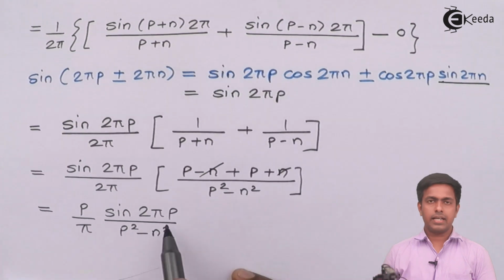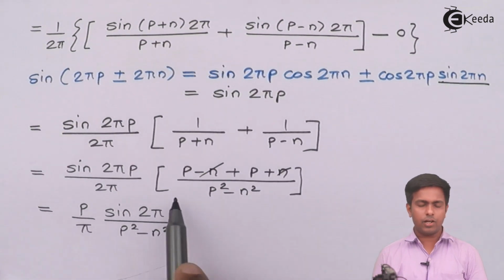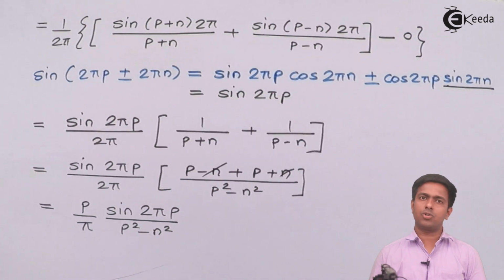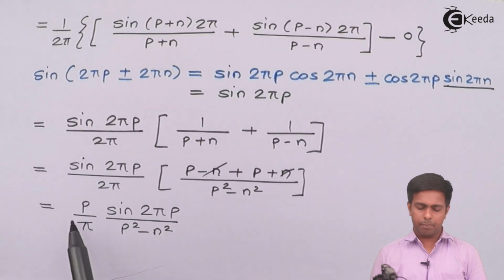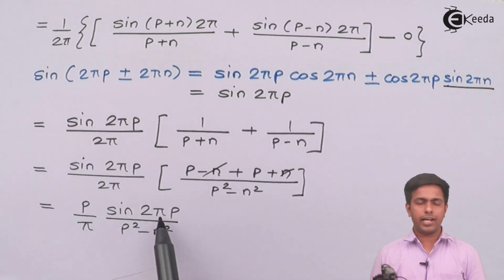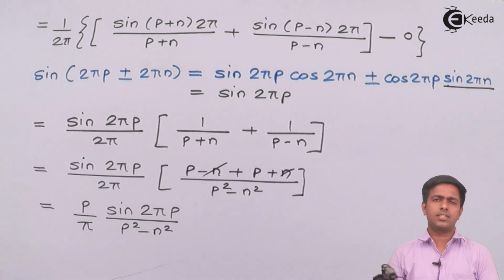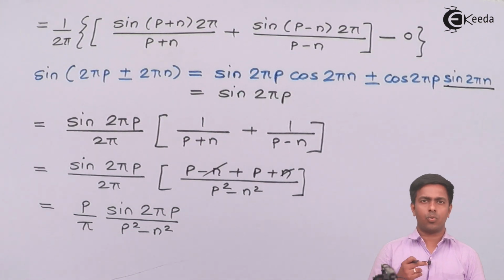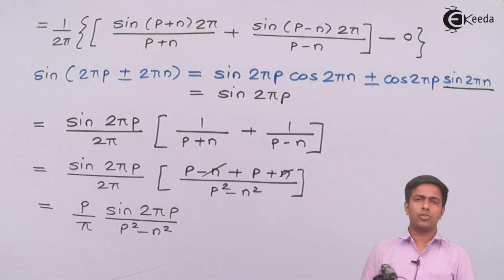Now inside this summation I'll write this value, but guys, let me tell you that there are a few terms which do not have n itself, like p, pi and sine 2p pi. So I can take these terms outside the summation, because the summation is for n equal to 1 to infinity, that is for the values of n.